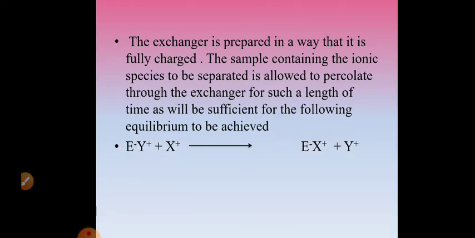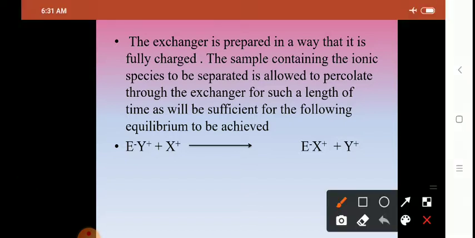What is the equilibrium? In this equilibrium reaction we have written E minus Y plus. E is the exchanger, and Y plus are the counter ions. E minus means the functional group, and Y plus are the counter ions.